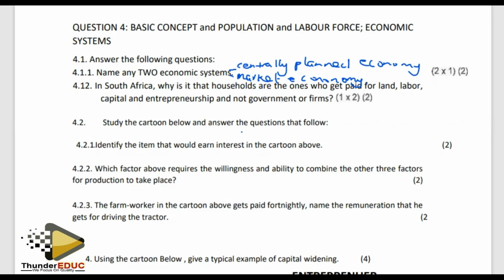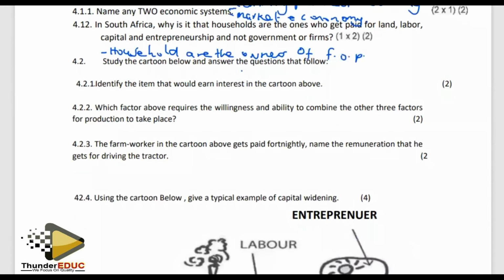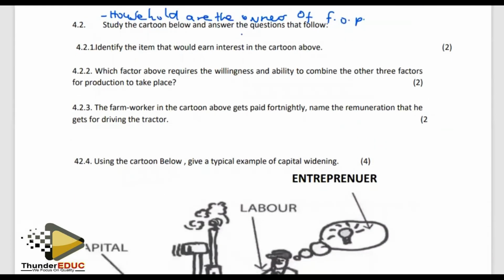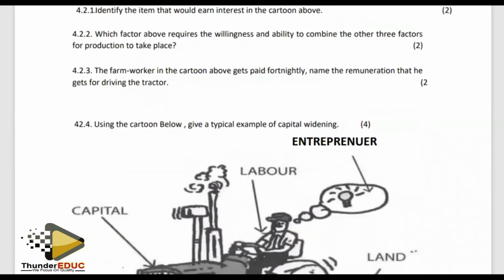What you have to understand is that always households are the owners of factors of production. It is the households. So therefore, these firms and other businesses buy factors of production to use them in producing goods and services.